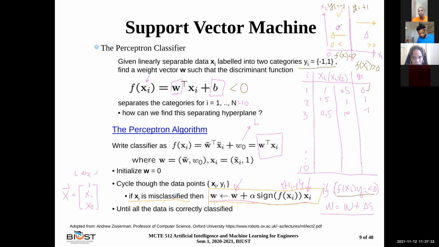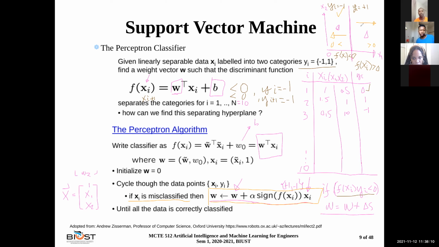Your xi here is less than 0, so in this case your yi is equal to -1. Then again, we take xi plus 1 here, it will be less than 0 again, and your yi will also be -1 if they are correctly classified. That means they belong there. That means you have a blue dot here. Everything is a blue dot.